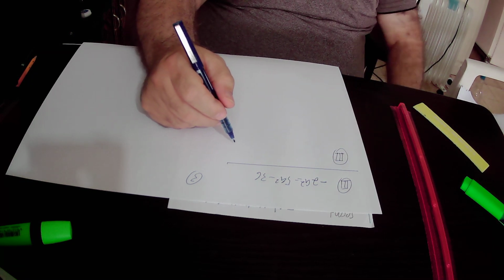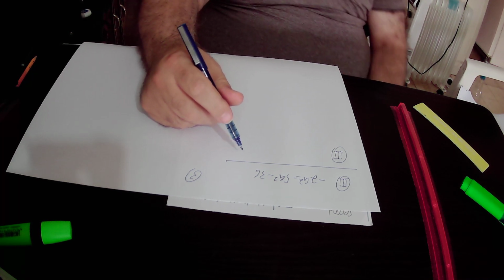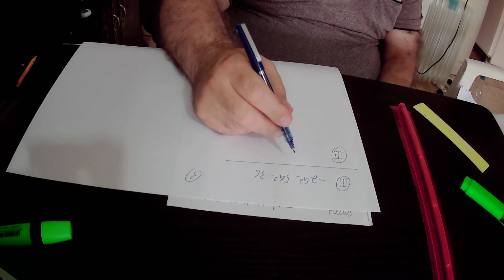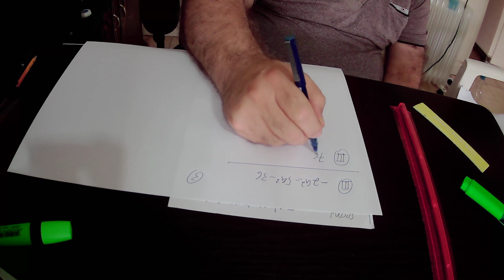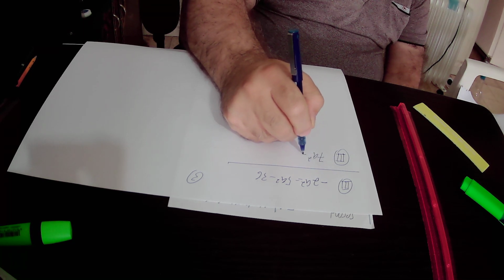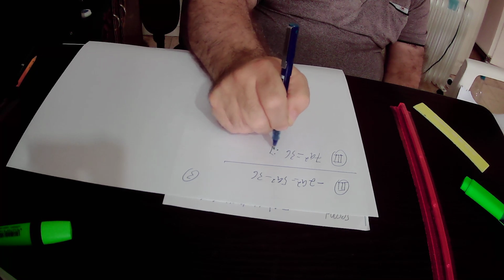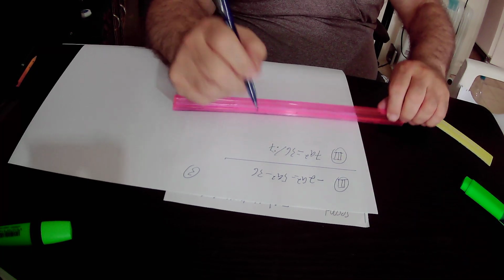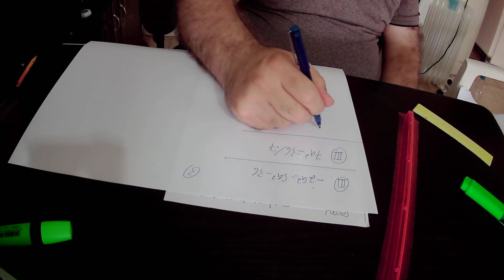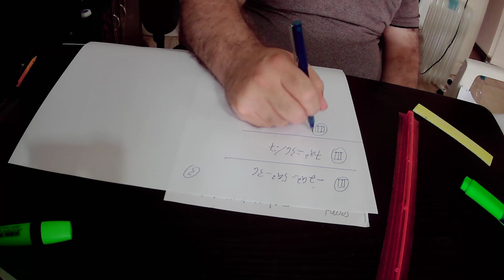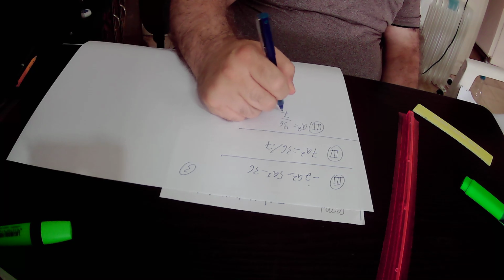So here we will add 2a squared and also 36 simultaneously to equation number 3, and we will get that 5a squared plus 2a squared is 7a squared, that is equal to 36. Here we will divide this equation by 7, and we get, according to equation number 3, a squared equals 36 over 7.